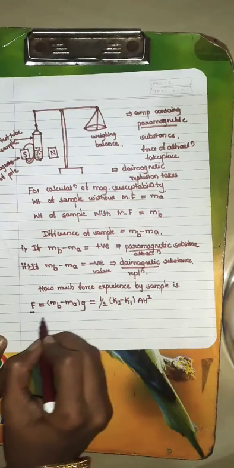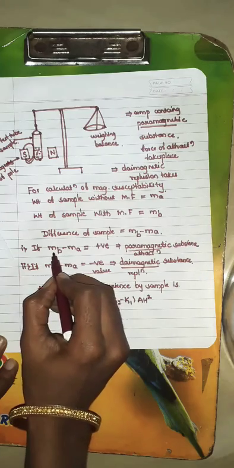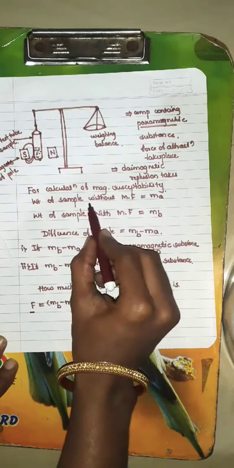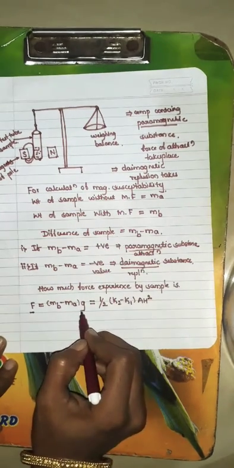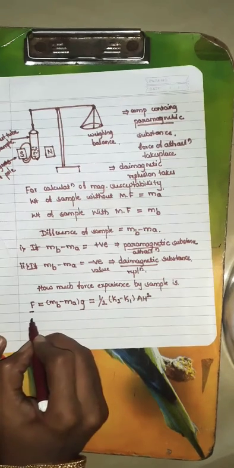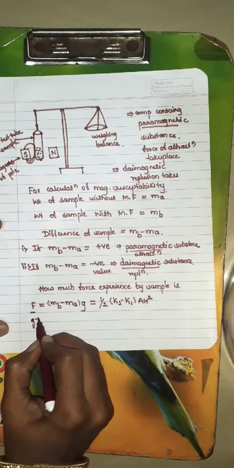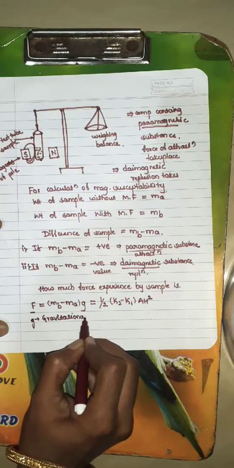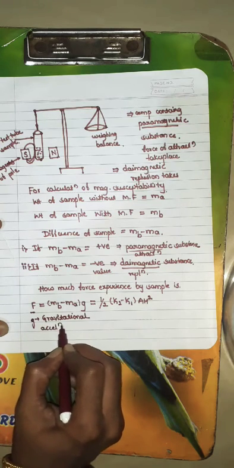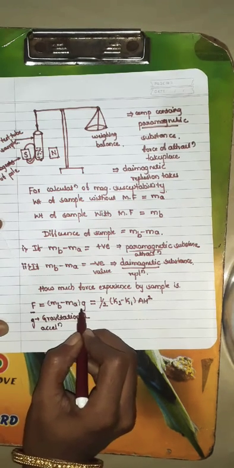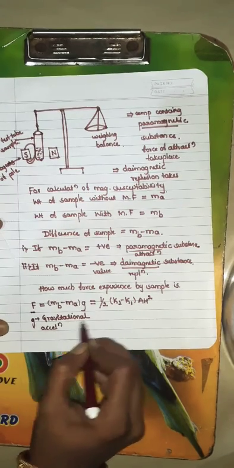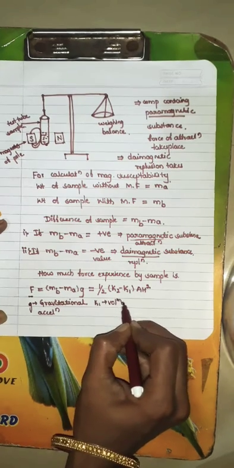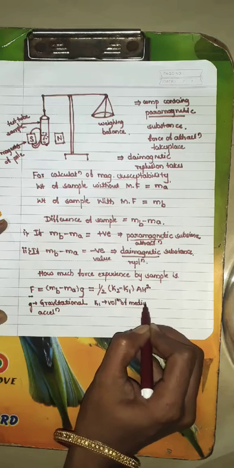Here, what do you mean by MB minus MA? You already know, it is the difference between the weight of the sample with magnetic field minus the weight of the sample without magnetic field. G is gravitational acceleration. K1 means volume of the medium.